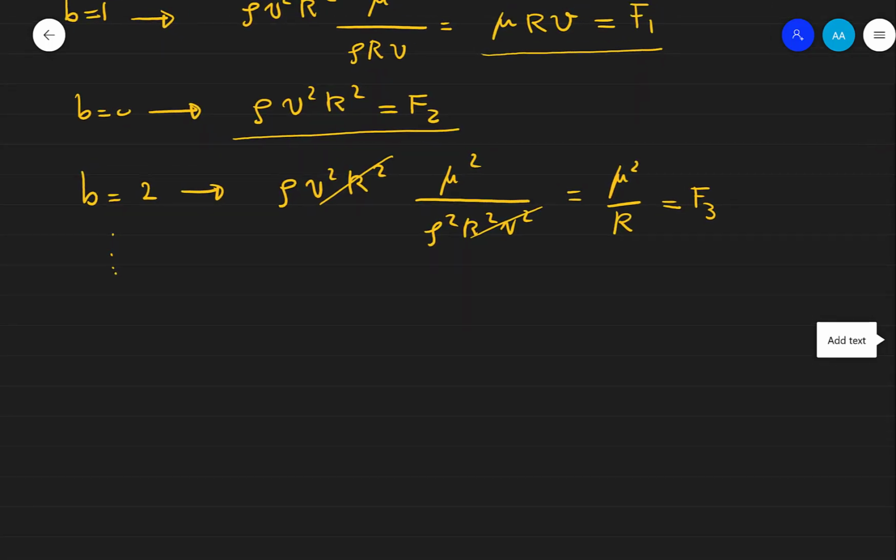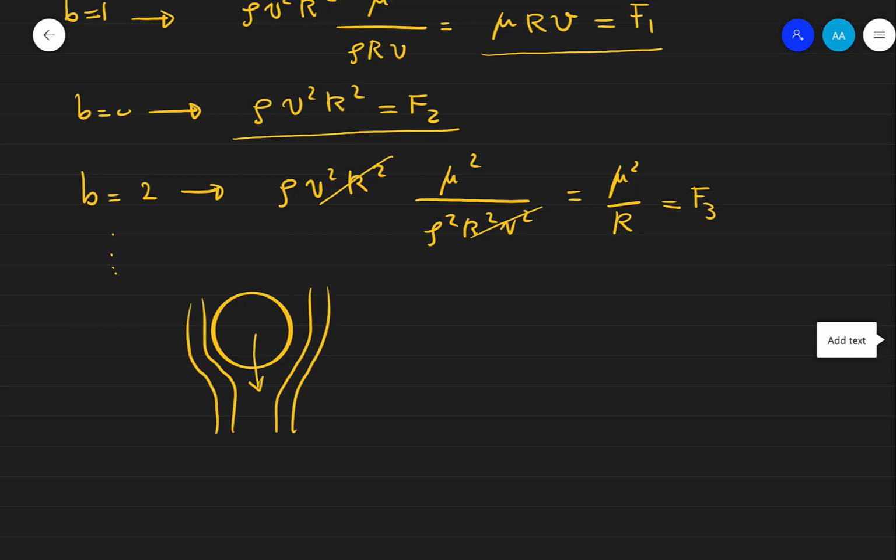F1 is due to the viscosity of the fluid. When an object moves in a fluid, there is a force which prevents the object from moving freely. It's something like friction. It's due to viscosity.